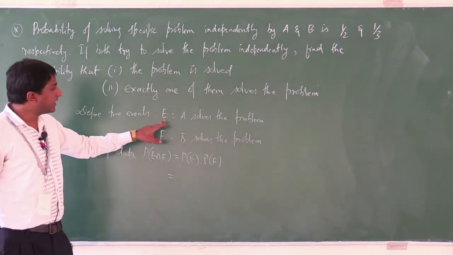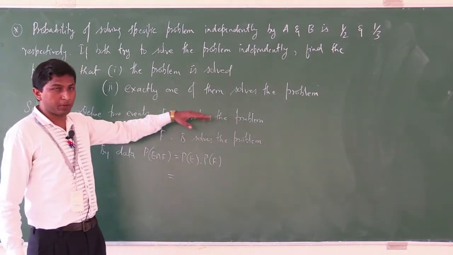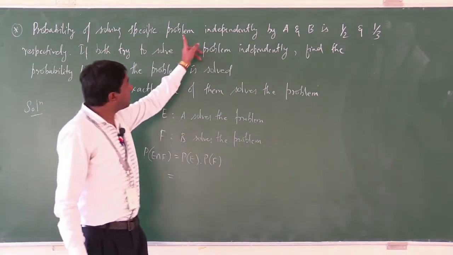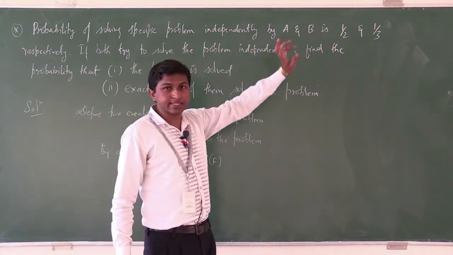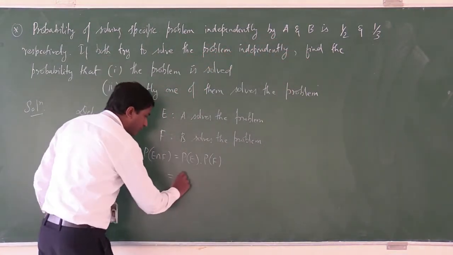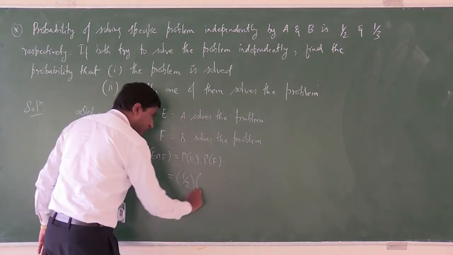Event E is A solves the problem. Look at the question: the probability of solving the specific problem independently by A is 1 by 2. Hence, P of E is 1 by 2.